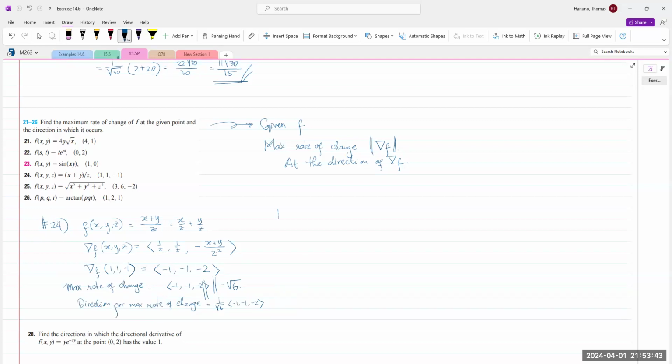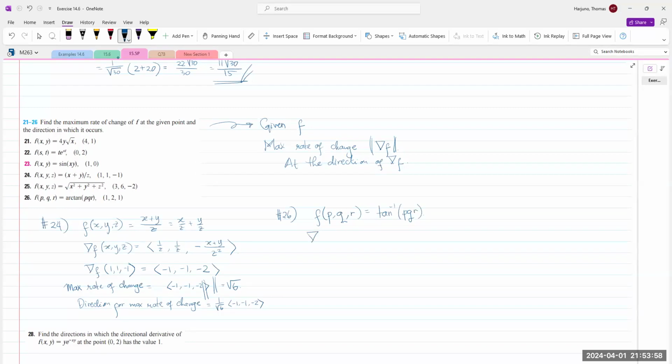Number 26. F of (p, q, r) equals the arctangent of pqr.